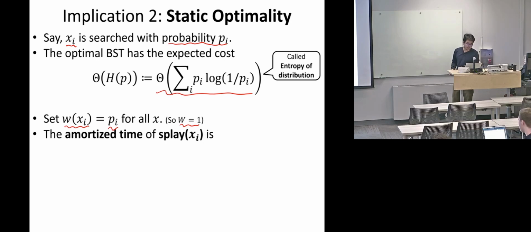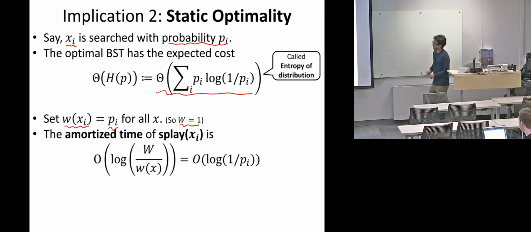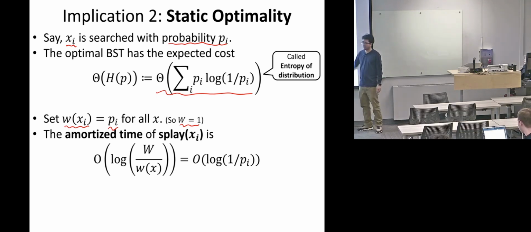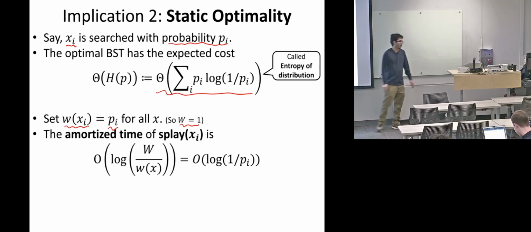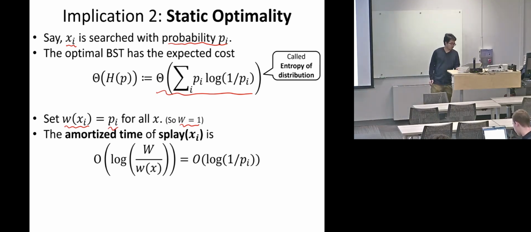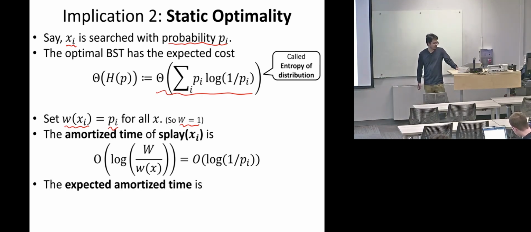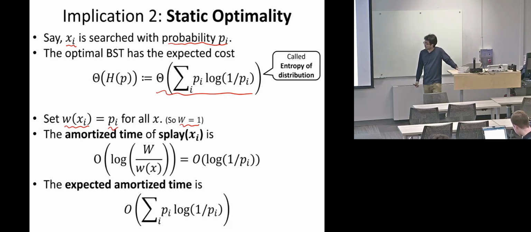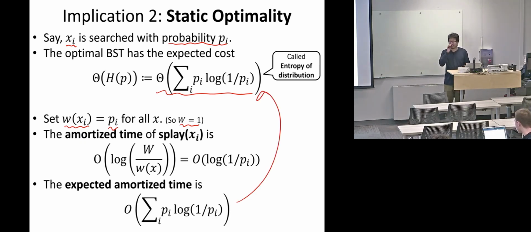It means that the amortized cost for splaying the element xi is going to be log of w over this, which is log of 1 over p, which means that the expected amortized time is here. So it just matches the one you get from DP, although we don't know the distribution.